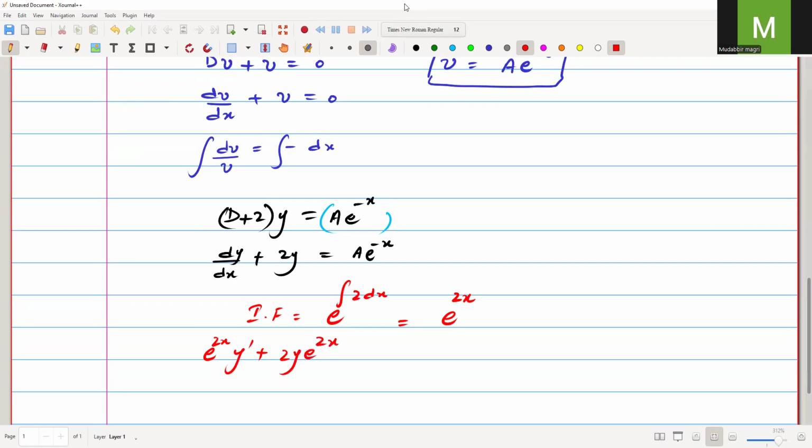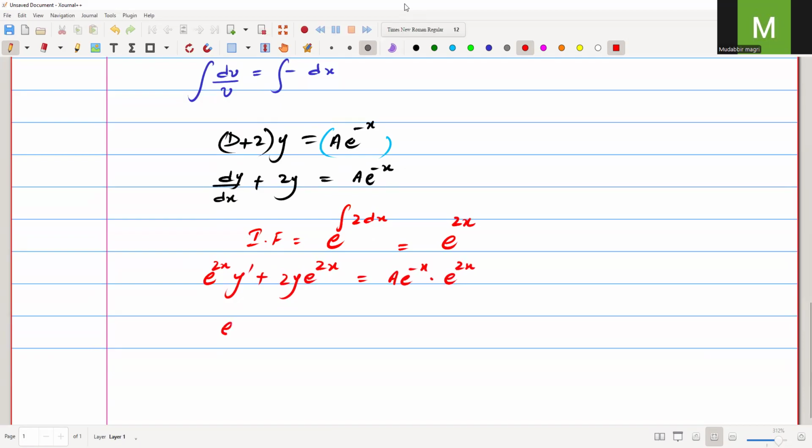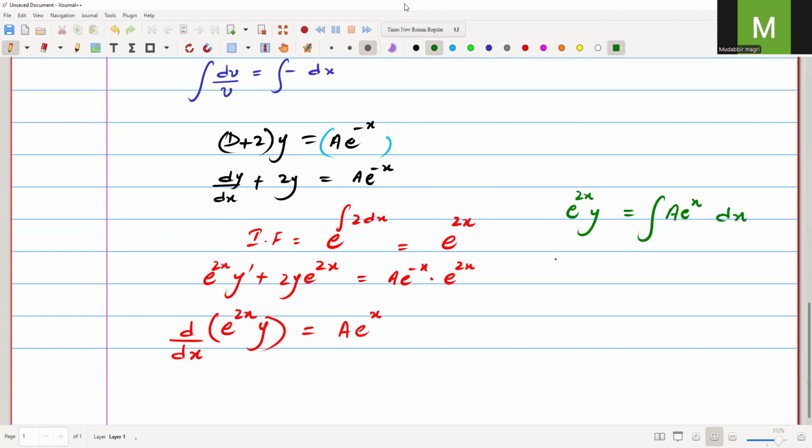So we get a e to the power negative x times e to the power 2x, which is a e to the power x, on the right side, and the left hand side is now e to the power 2x times y operated by this operator. Now we can simply integrate and we'll get the result. So e to the power 2x times y equals a e to the power x plus b.